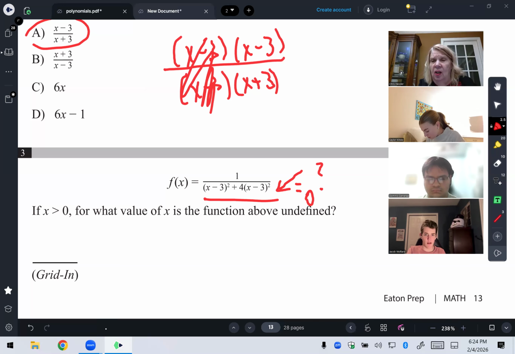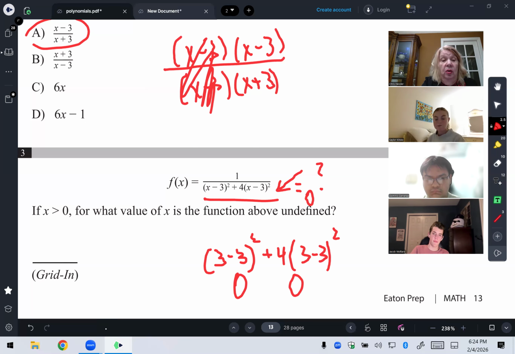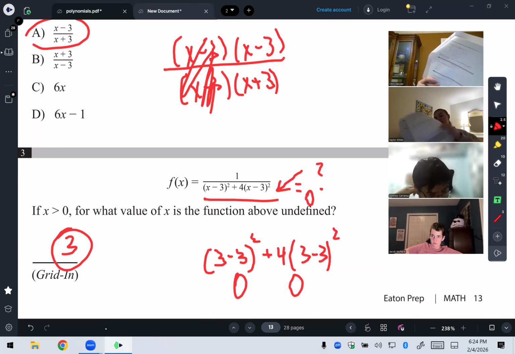Can you see, Sailor? No? It would be a 3, because look, if I put in a 3, then this would go to 0, and that would go to 0. The whole thing would go to 0. Does that make sense now? Okay, good. Just wanted to cover one like that. Okay, on the next page.